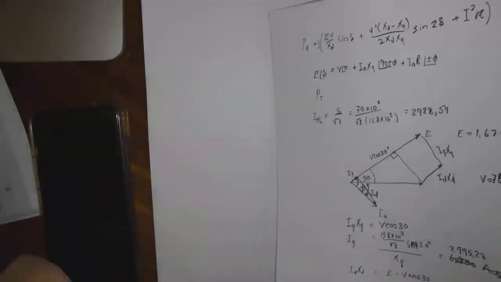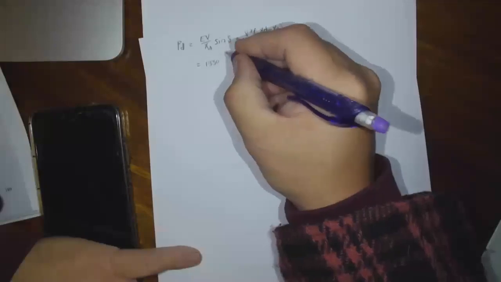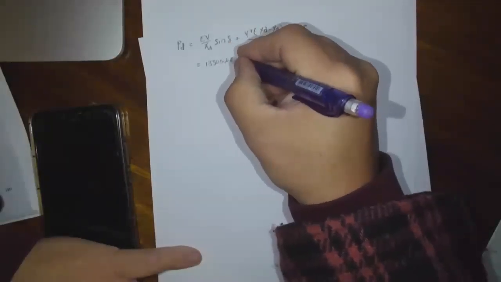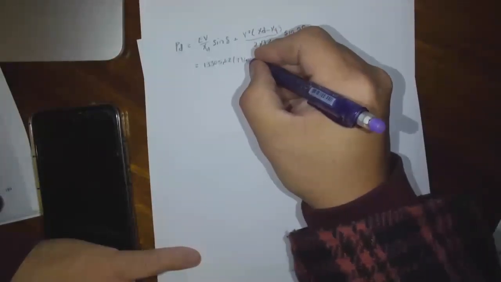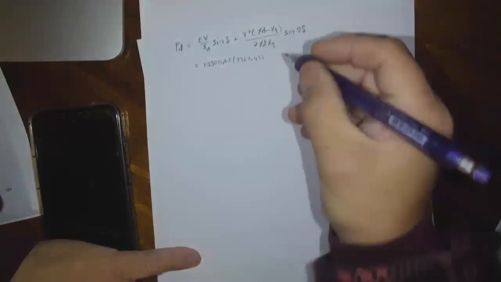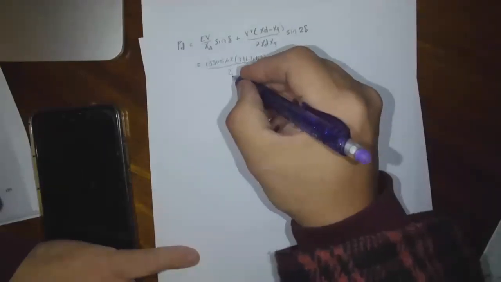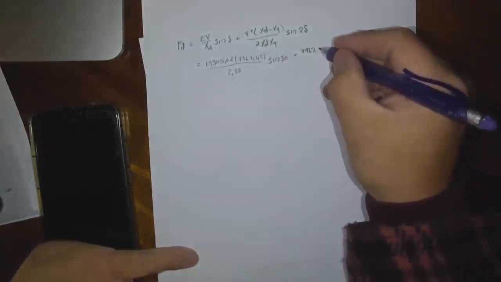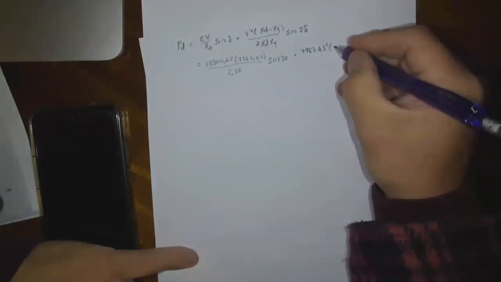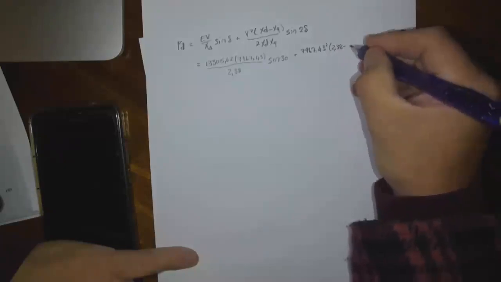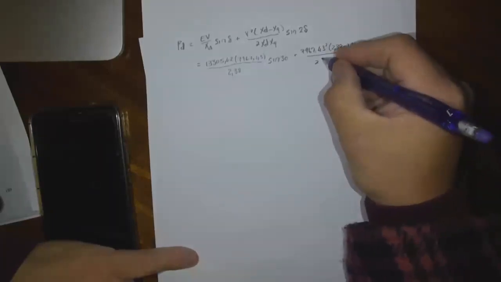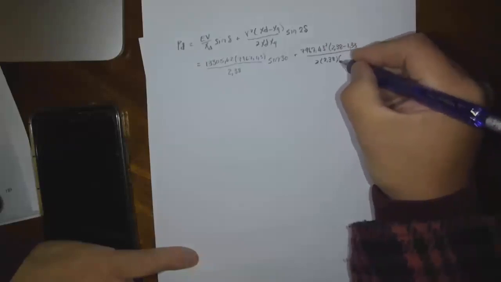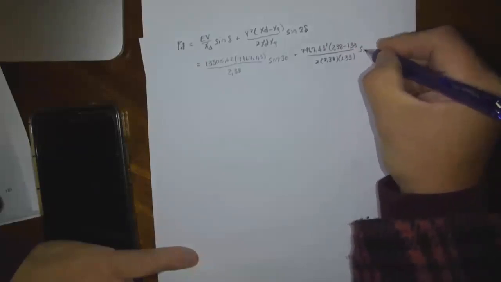So E is now, how much was E? 13305.615. Times 7967.43, divide by XD, which is 2.38, and then sine 30, plus 7967.43 squared times (2.38 minus 1.33) over 2 times 2.38 times 1.33, sine 60.